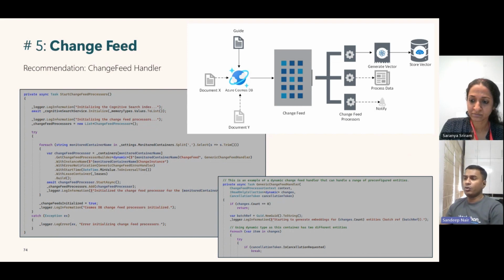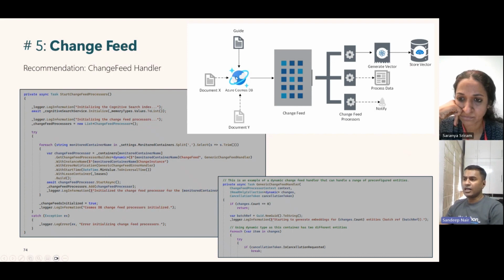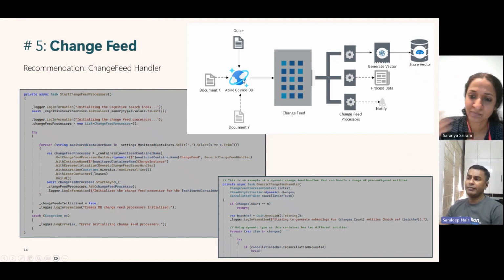And maybe I can just talk about what the Cosmos change feed is and how it works. So let's look at this picture here. Let's say there are these different containers in Cosmos DB. Whenever you do any kind of update operation on a container, Cosmos DB maintains a feed of all the changes that happen. That's called the change feed. Think of it more like a log of each update that happened on that container.